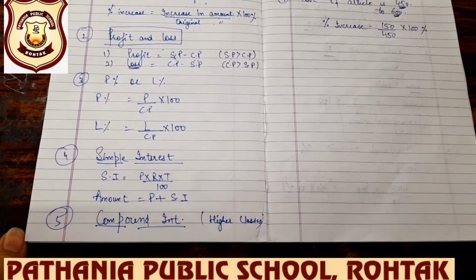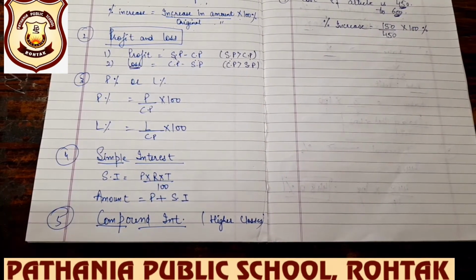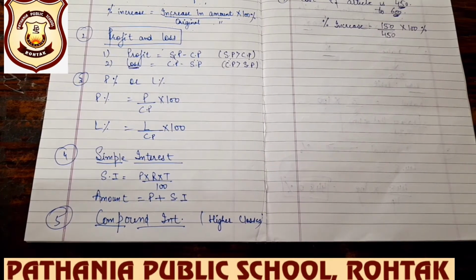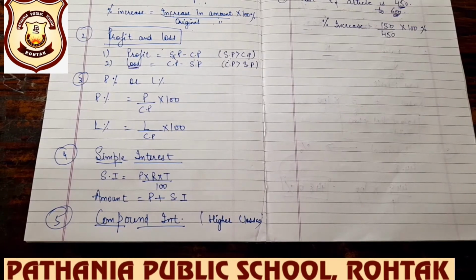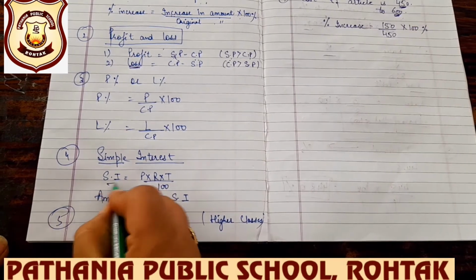See, suppose you have deposited 10,000 rupees in the bank. Okay? Obviously you will get the interest, right? You will get interest. And if the principal is same every year and you are getting a fixed rate of interest, that is simple interest.